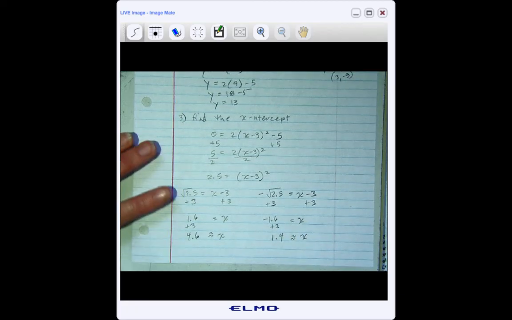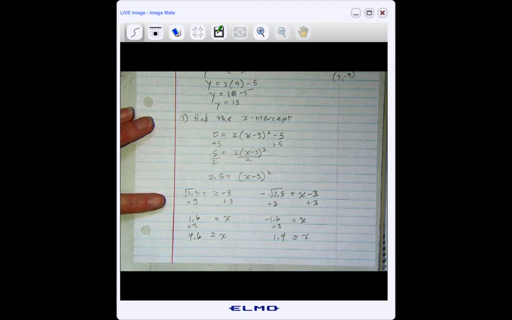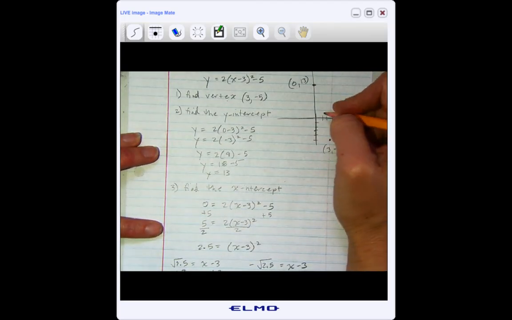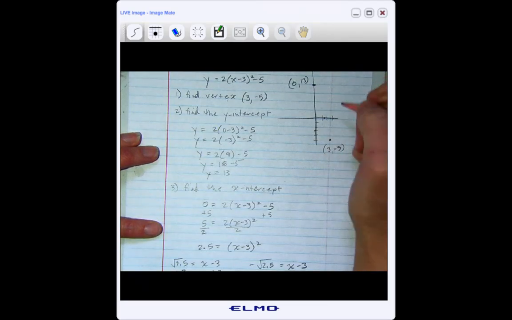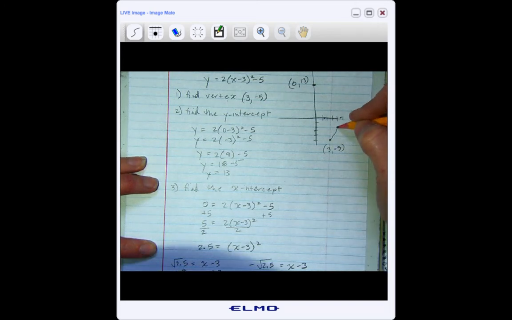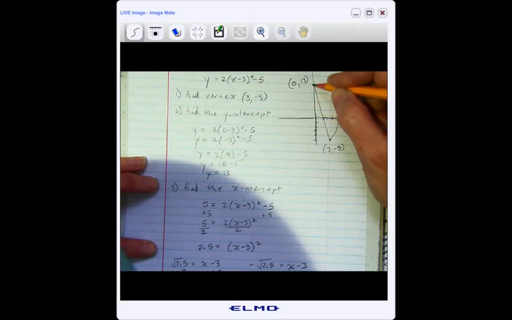Okay. All right, so my roots ended up being irrational. Okay, so I'm just going to kind of get close. So I'm going to go back and plot. Let's see, 1.4 and then 4.6. Okay, and then I should have enough to make my parabola. Obviously, this is not kind of to scale.